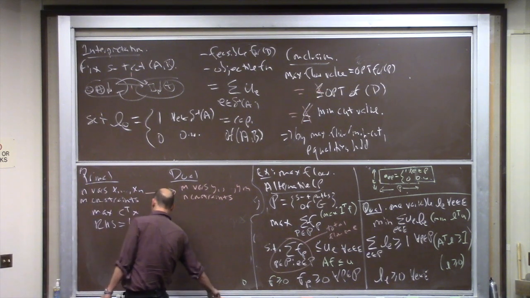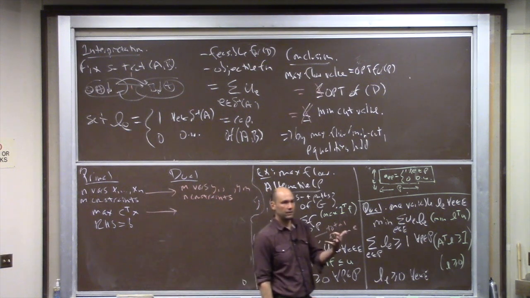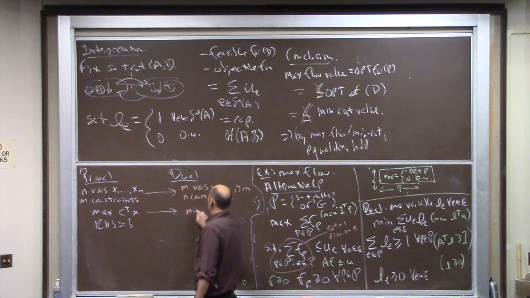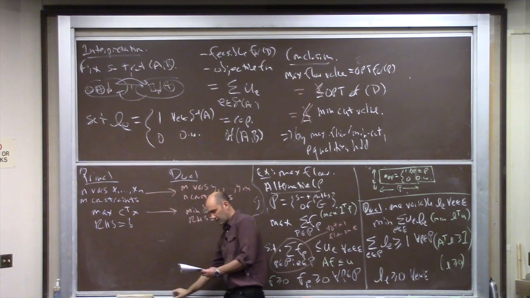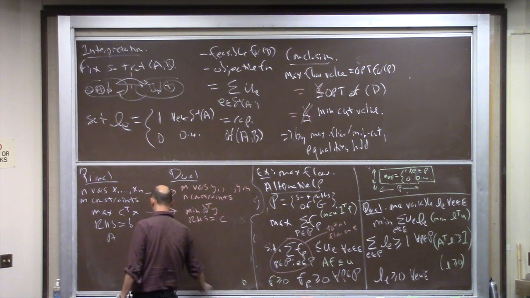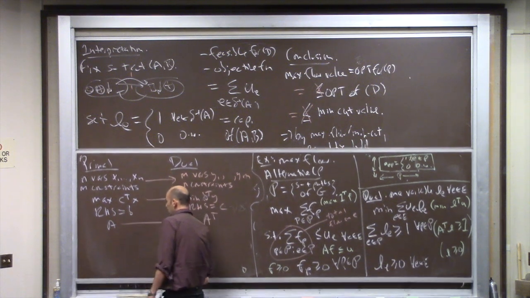As we saw, when you take the dual, you exchange the right-hand side and the objective, and you flip max to min. This is going to be min b transpose y, with right-hand side equal to c. And we know that the constraint matrix gets transposed.